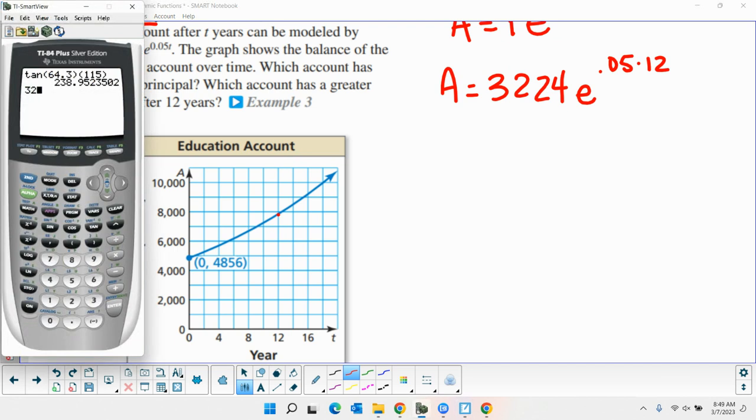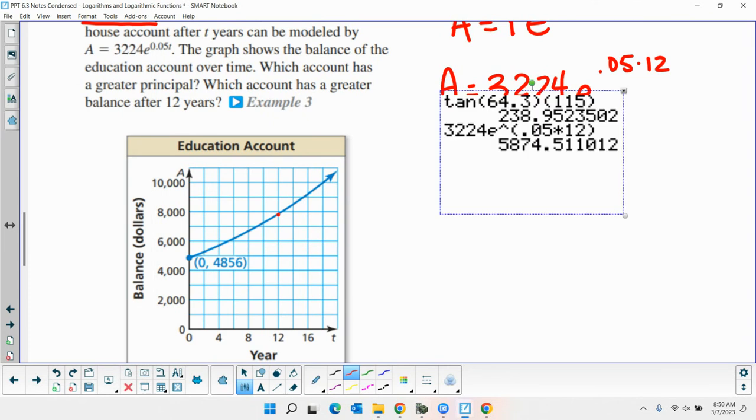So 3224 times e, remember, e to a power is second natural log, 0.05 times 12. Close it up. And that's 5,8-something. So this one here was more after 12 years because it was almost 8,000. We okay with that one? Any questions?